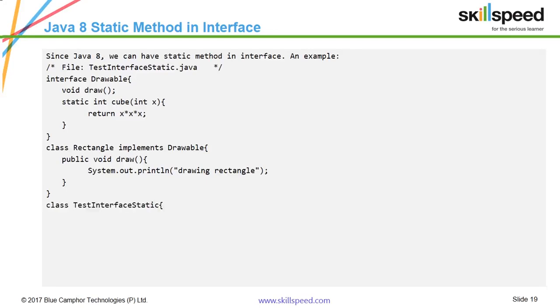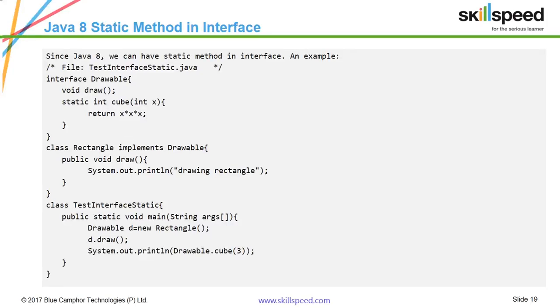Now I have the class TestInterfaceStatic, which contains the public static void main, where I'm creating the object for the Rectangle class using Drawable d = new Rectangle(), and I'm calling the method d.draw. Then I'm also printing another statement where I'm using the cube method, and because it's a static method, I'm directly calling it using the Drawable interface.